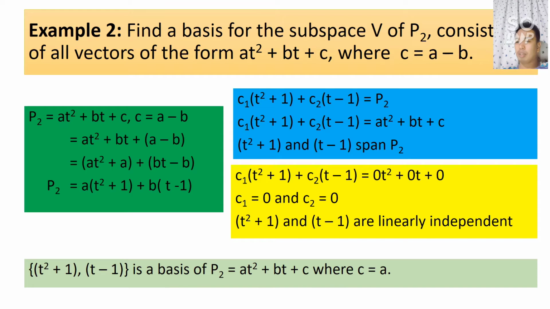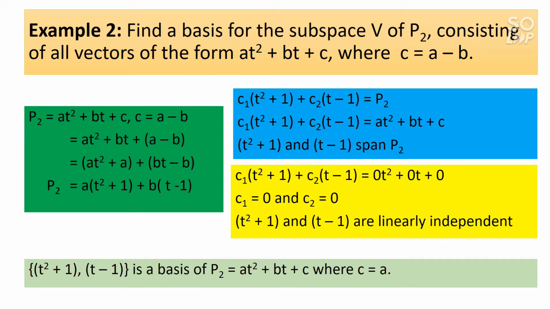Then we have c1 times the quantity t squared plus 1 plus c2 times the quantity t minus 1, which we equate to the general form at squared plus bt plus c. Here we can see that t squared plus 1 and t minus 1 span the subspace.